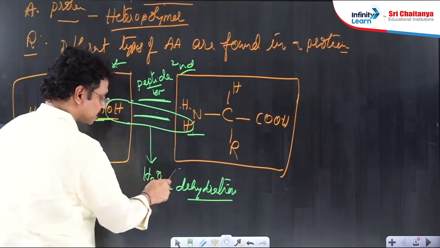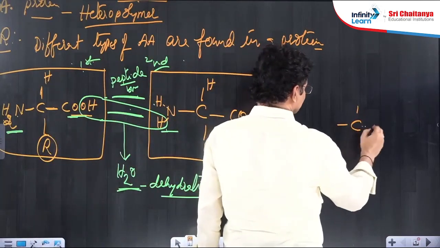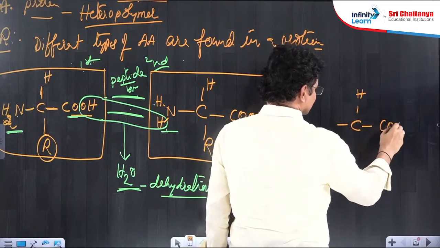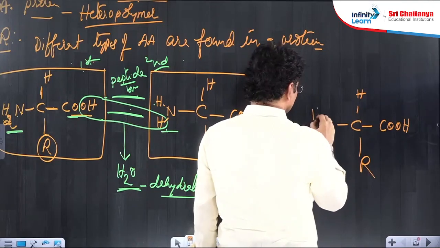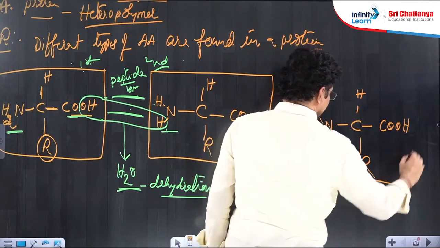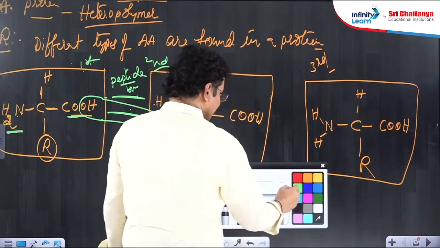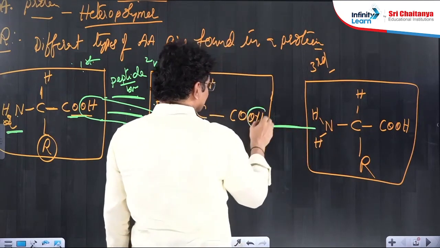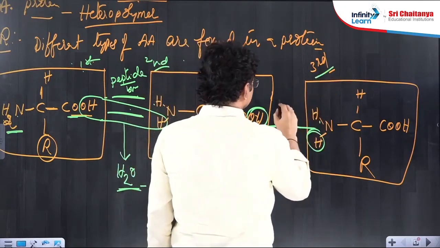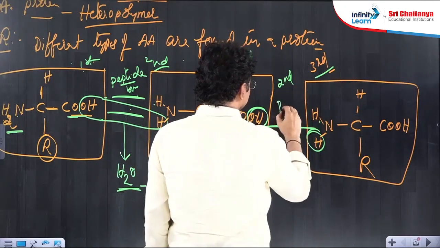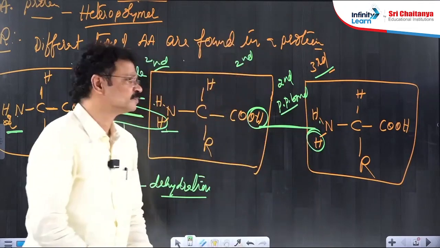Whereas in the second peptide bond formation, there is alpha carbon, hydrogen atom, carboxylic group of this amino acid, alkyl group, NH2 amino group. It is amino acid number 3, the third amino acid. Peptide bond number 2 is formed between the carboxylic group of the second amino acid and the amino group of the third amino acid. PP bond, full form of PP? Peptide bond.